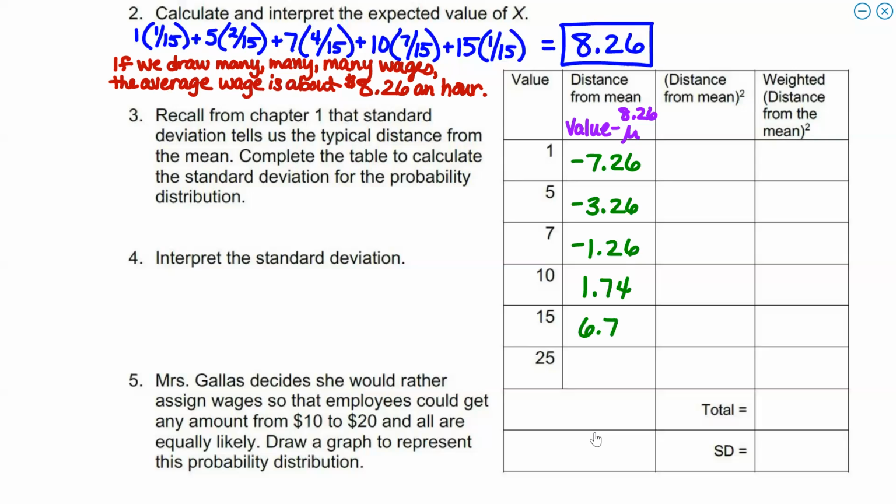After you've done that, I want you to square all of those numbers. So after you've calculated their distance away from the mean, so everything in that column that we just wrote these numbers in, I want you to square all of those values. Go ahead and just round it to 2 decimal places if you're getting longer numbers.